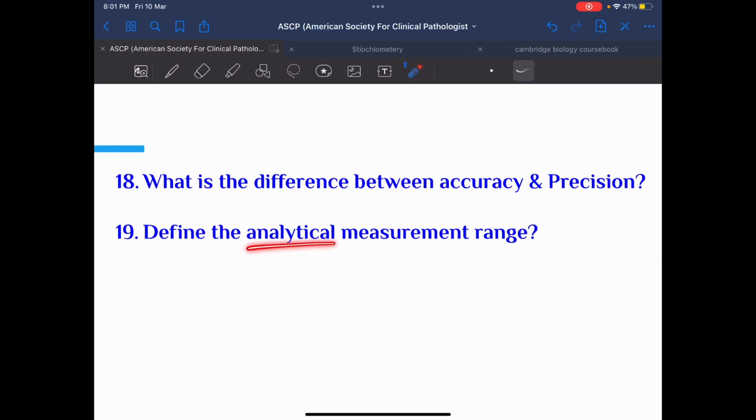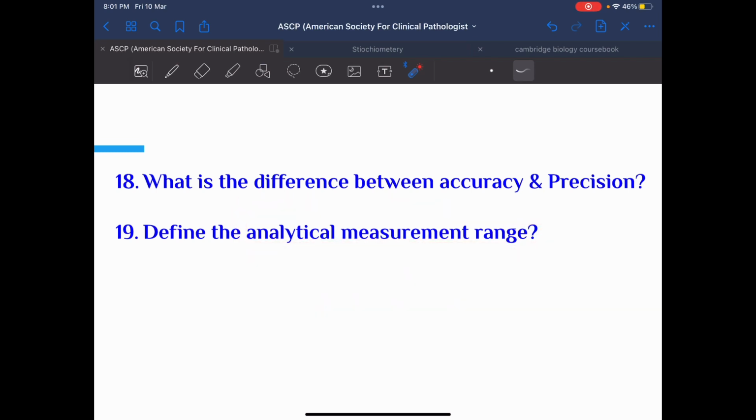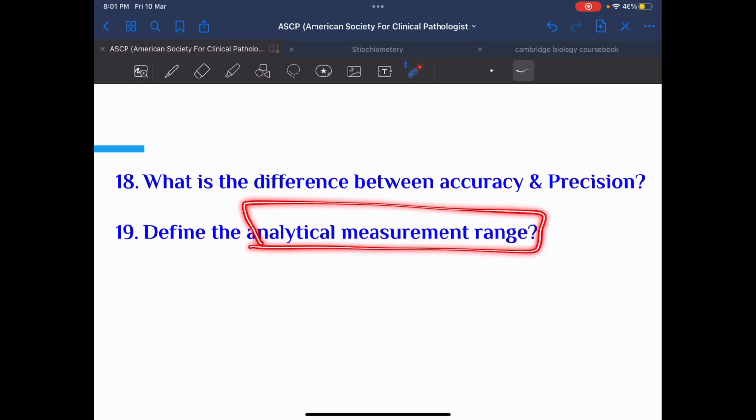This means it is the range that you will get a direct result for the analyte without diluting or concentrating. So you will not get more than 10, for example, or less than 10. You will get the exact value. And this analytical measurement range is also a part of validation.